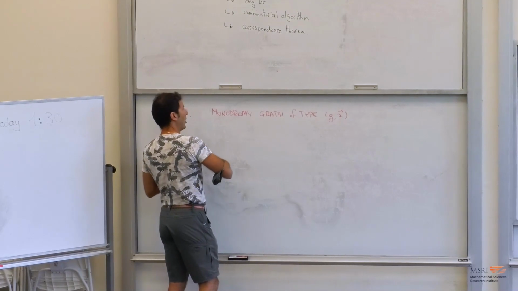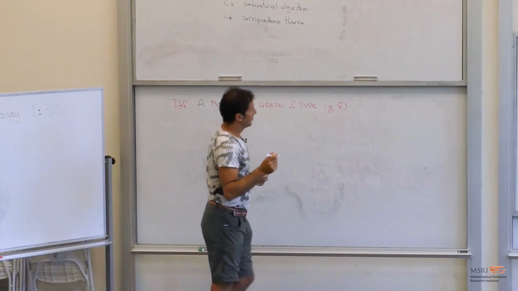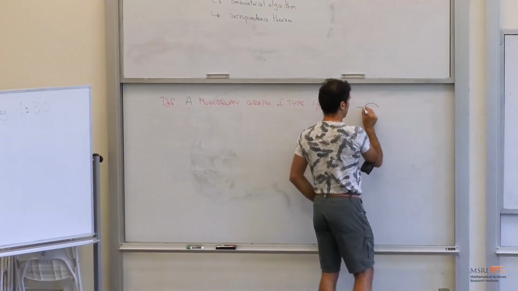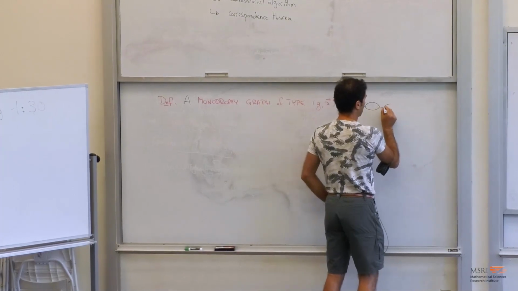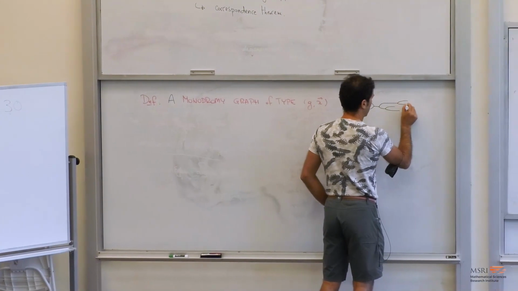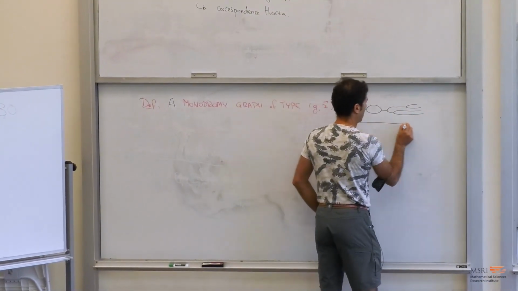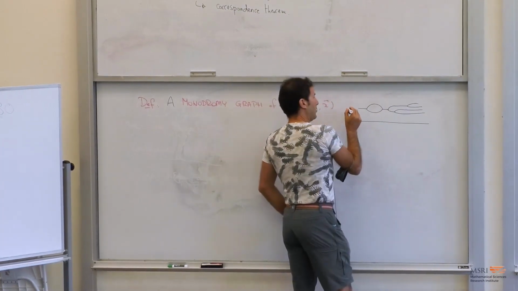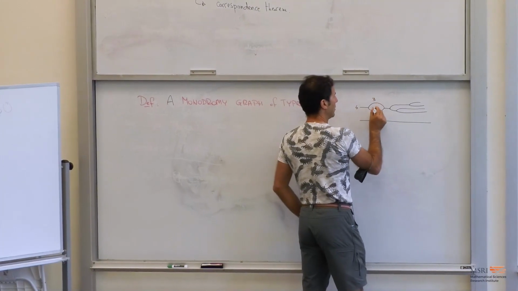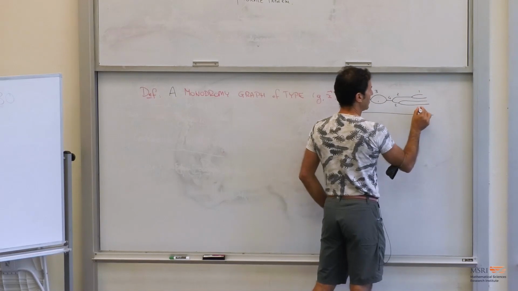And let me draw an example of one so that as I write the definition it's going to make sense. And maybe this is going to be 4, 3, 1, 4, 2, 2, 1, 1.